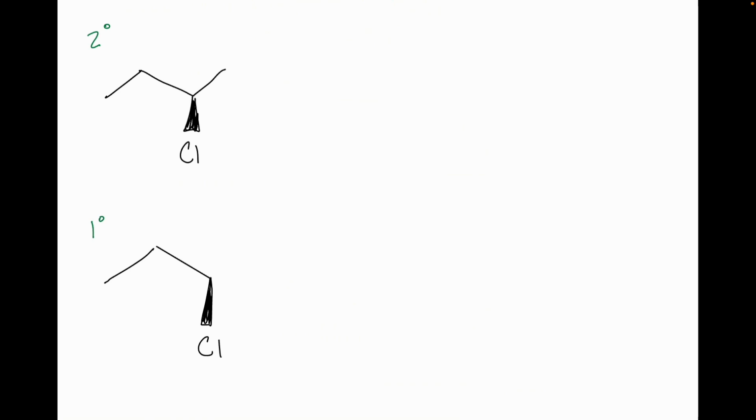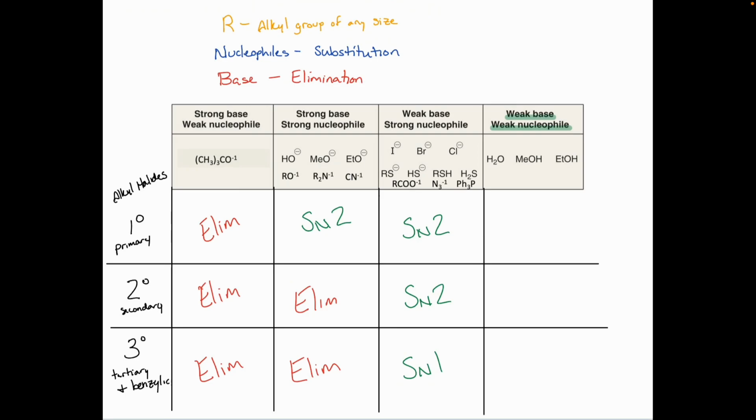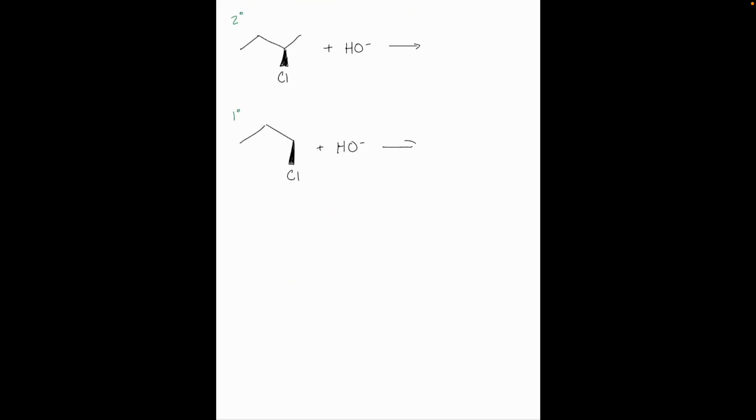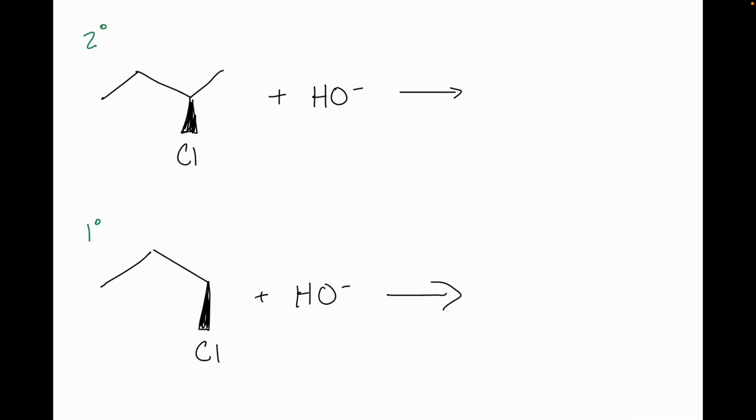If we react these with a strong nucleophile that's also a strong base, something like this hydroxide ion, in the case of a secondary alkyl halide, what's the major product? Let's make sure we can use our chart. The elimination product. And in the case of a primary, the major product is substitution, right? We're in this category here. So everybody take a second and draw the two products of these two reactions.